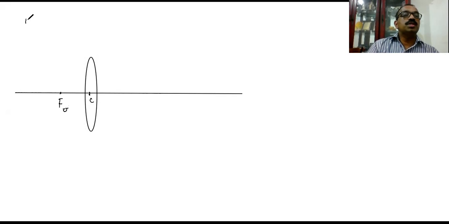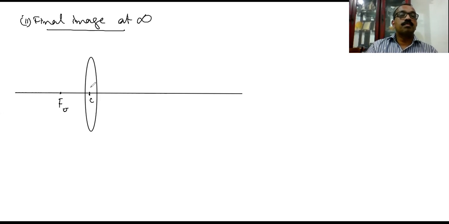By the way, the case 2 is the final image at infinity. Focus of objective, 2F, 2F.